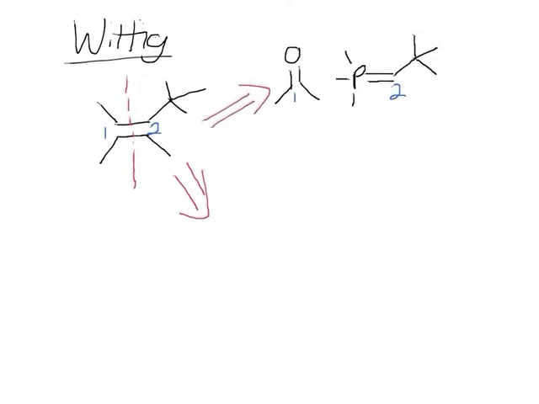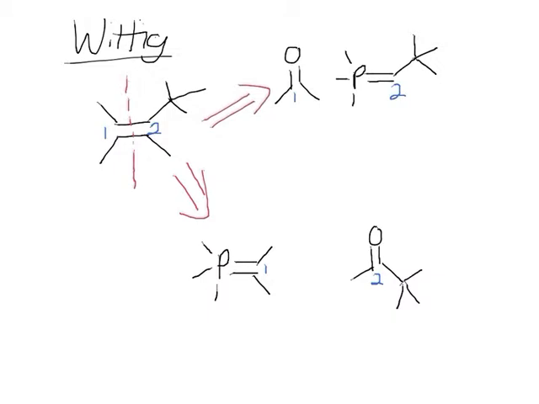And go the other way around, where carbon 1 could be on the Wittig part. This would be carbon 1. And now the carbonyl part is going to be from carbon 2, and that would be this.